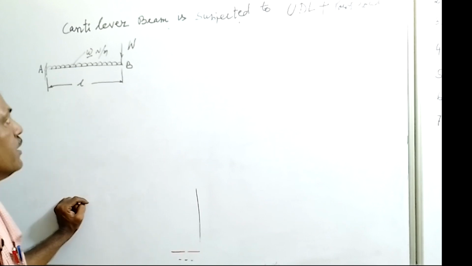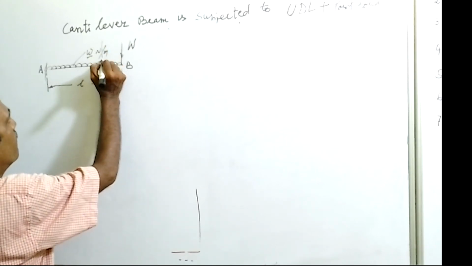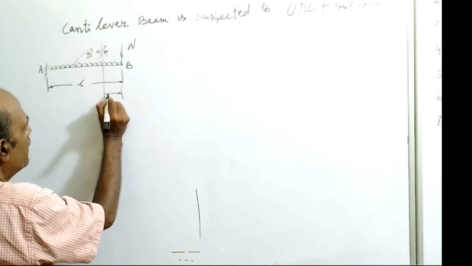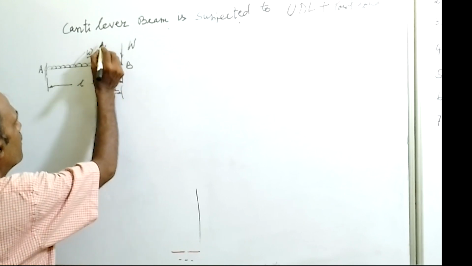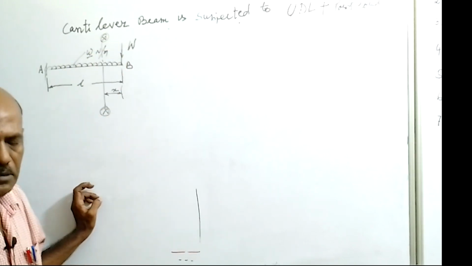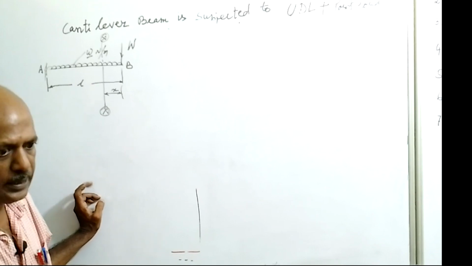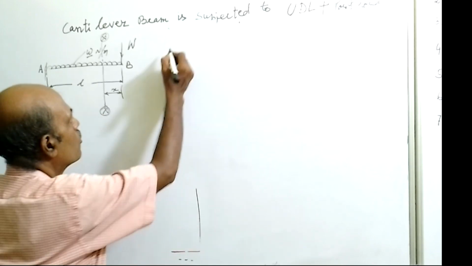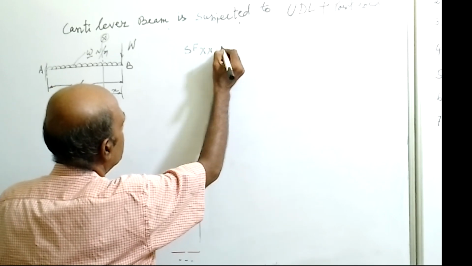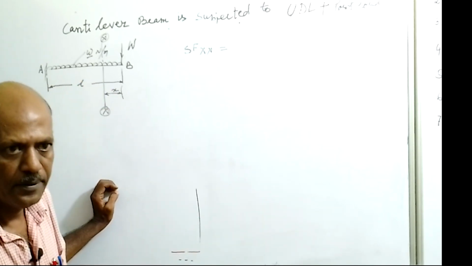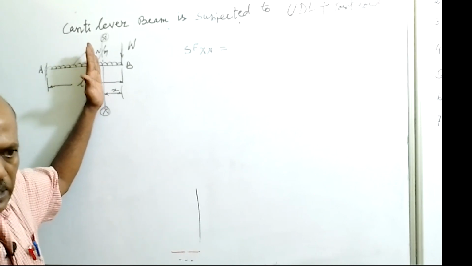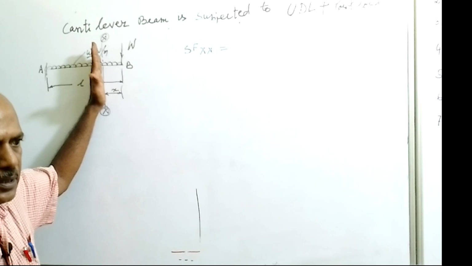Okay, consider a section XX here at a distance x from the free end. Now we are going to find the shear force at XX. Shear force at XX is given by the algebraic sum of all vertical loads acting to one side of the section, the right side of section XX.